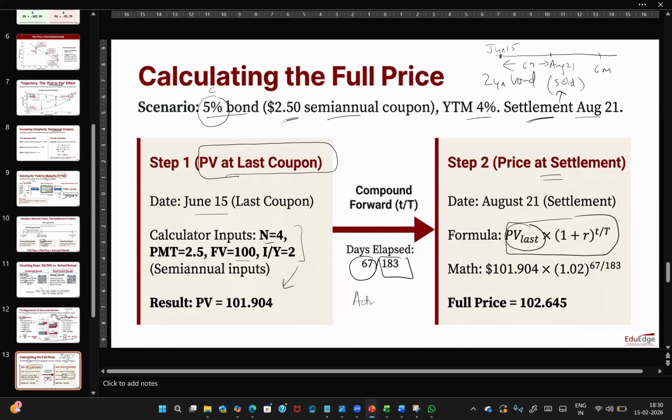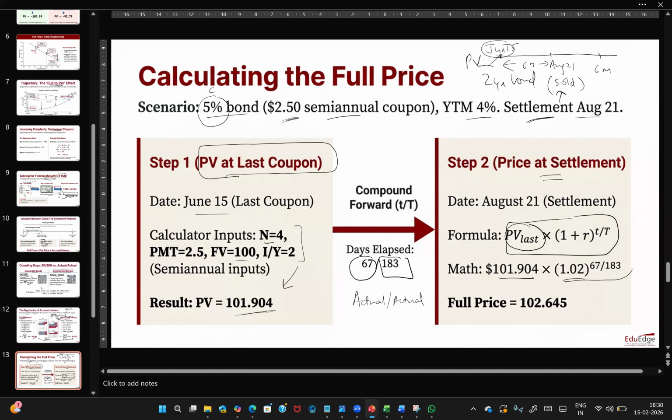So clearly this is actual by actual, which is, it seems they're trying to follow the convention. And how will you get the price of the bond on 21st August? So you can take the last price, which is the price of the bond on June 15, and multiply that by a compounding factor, which is 1.02, which is your YTM, and raised to 67 by 183.